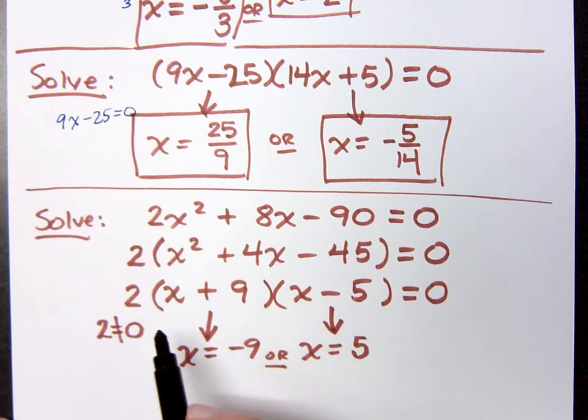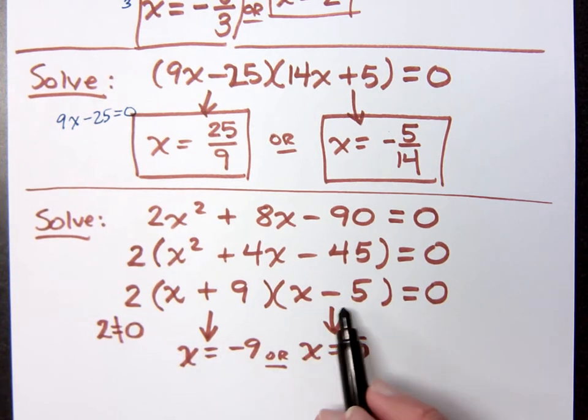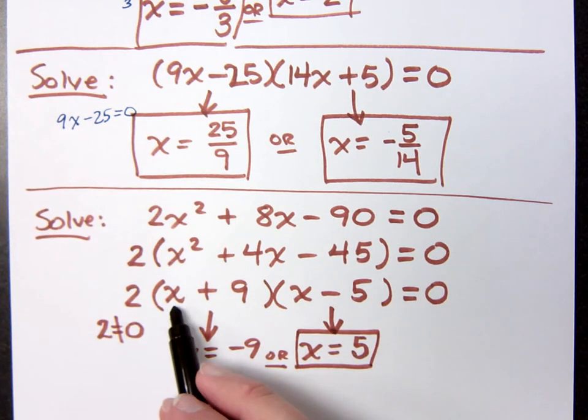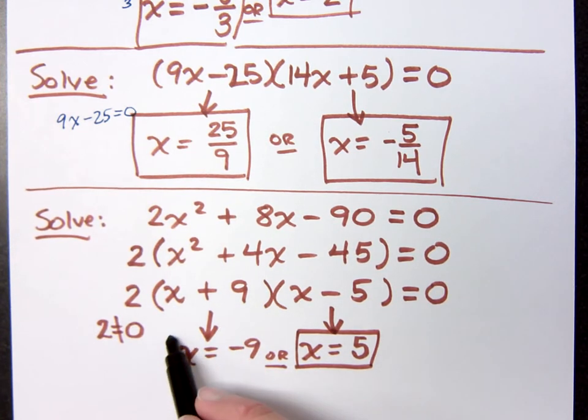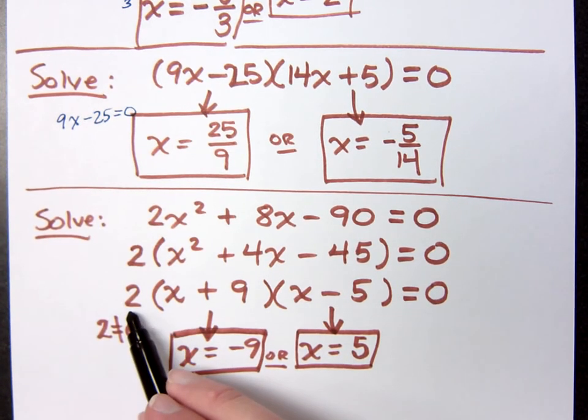What we were doing before is we set each factor equal to 0, right? When will x minus 5 equal 0? What makes x minus 5 equal to 0? x equals positive 5. For what value of x will x plus 9 equal 0? Negative 9. When does 2 equal 0?